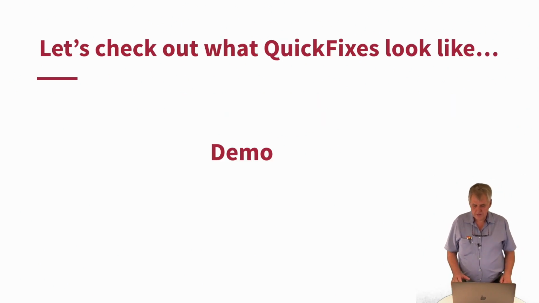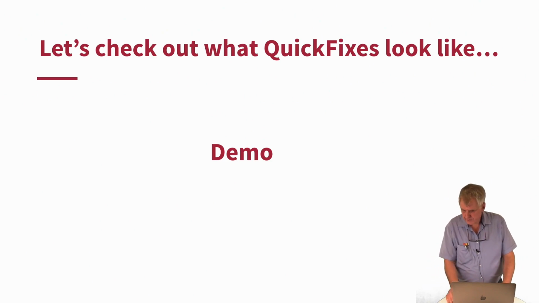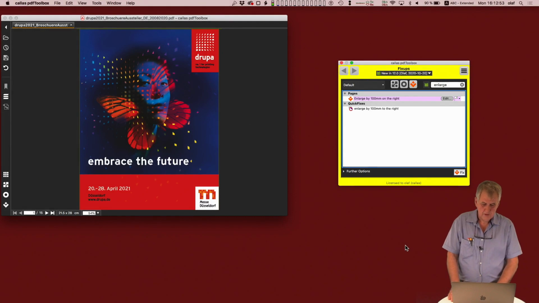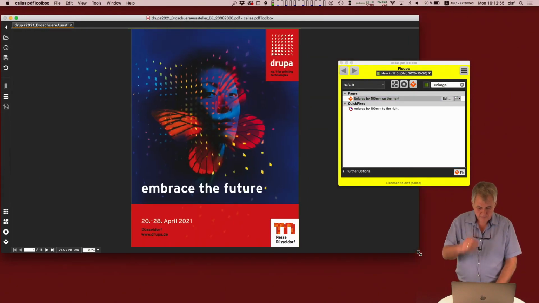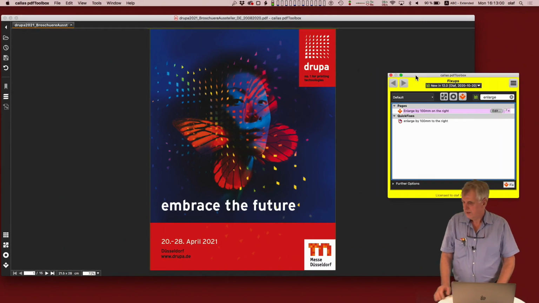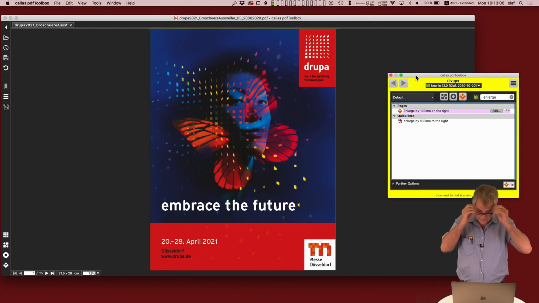This will lead me to a short demo, and I'm firing up pdfToolbox, obviously, and let me make this a little bit bigger. The first thing I want to do is look at the process plan. And now I need my glasses, actually.